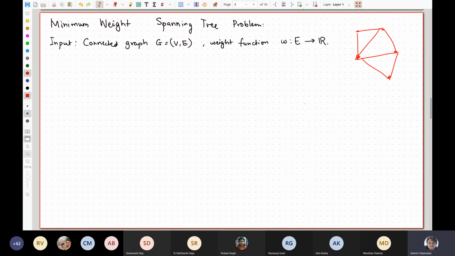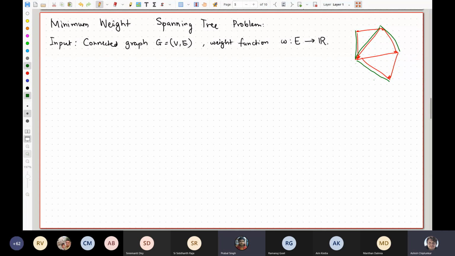So now I want to claim that there exists a tree which is a subgraph of this graph. So look at this tree, for example. The green edges form a tree, and it is a subgraph of the graph represented by the red edges. So that's what I want you to prove, that every connected graph has a subgraph which is actually a tree. Is that okay, Prabal?